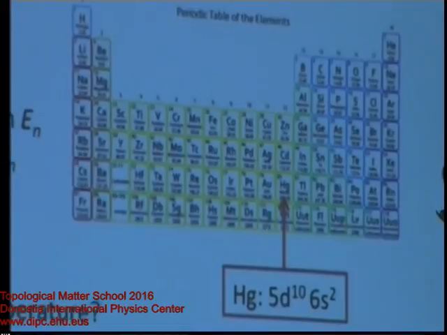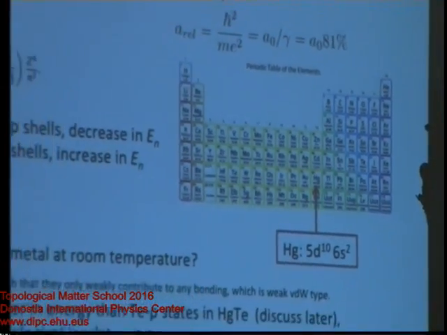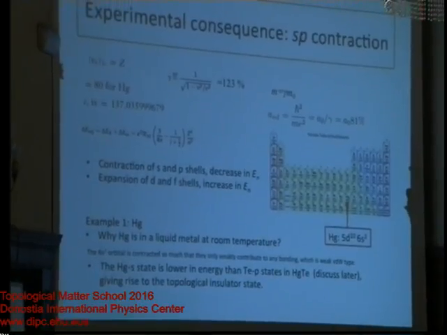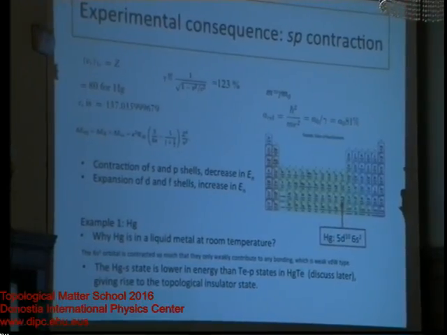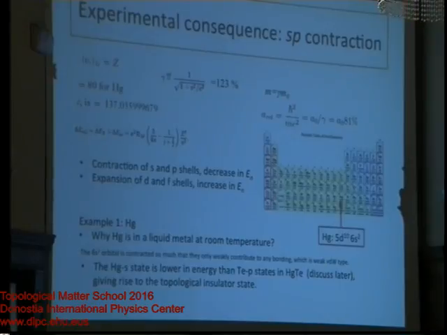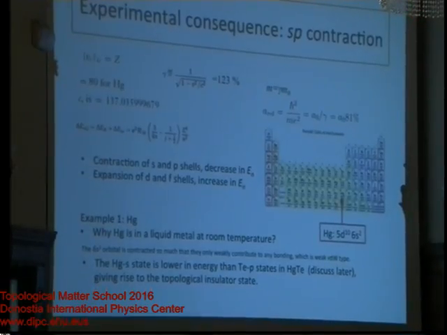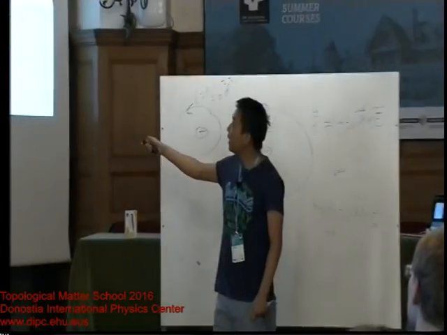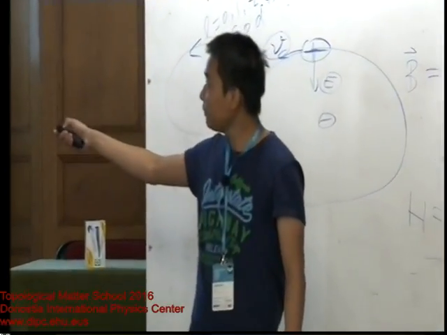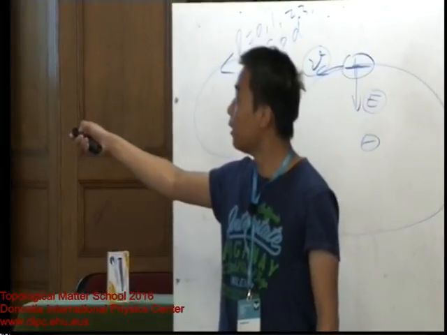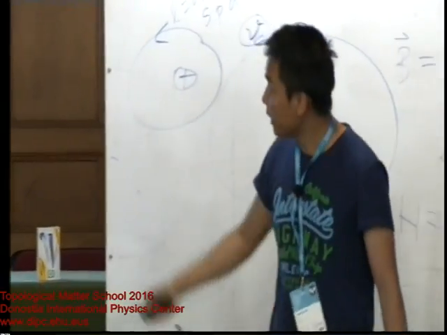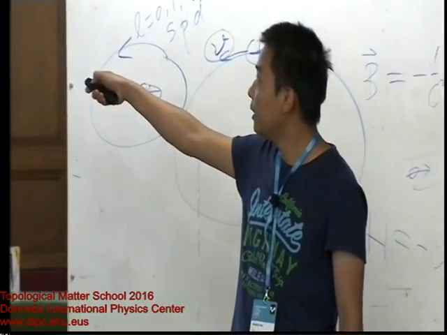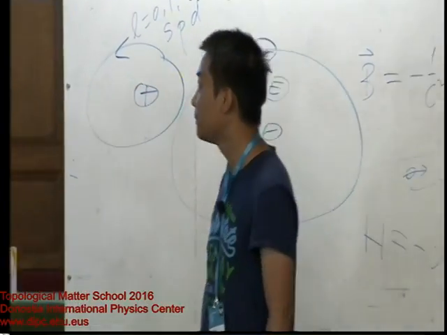Here, this is just a number. For example, I put a number for mercury, and this is the velocity. Usually we estimate the velocity of the 1s electron. Mercury has many electrons, many shells, but now we only talk about the 1s, the innermost electron. If we count its velocity in atomic units, it's scaled by the element number. For example, mercury is 80.